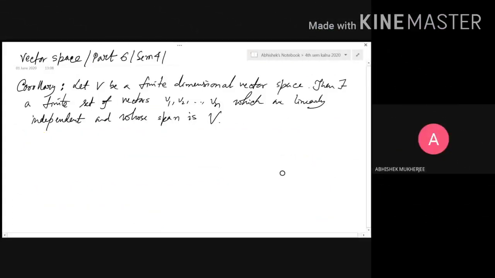So, in the last lecture, I ended with this result, which says that if V is a finite dimensional vector space, then there exists a finite set of vectors v1, v2, ..., vn which are linearly independent.